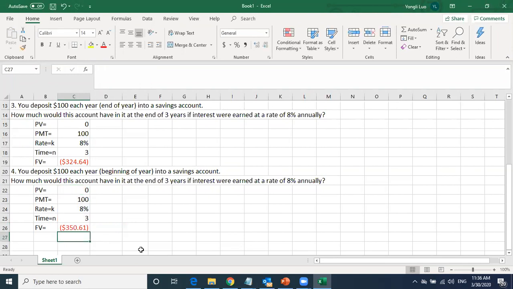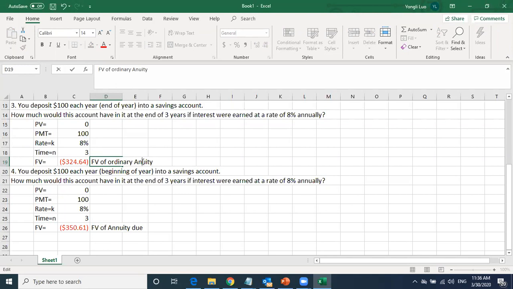So you click enter. This is the future value of an annuity due, and the other one is the future value of an ordinary annuity. For an annuity due, you need to choose a comma and 1.